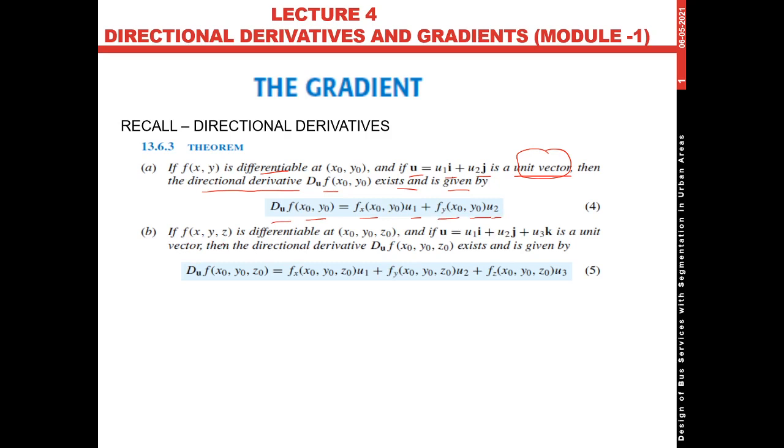If f(x, y, z) is differentiable, and u1 i plus u2 j plus u3 k is the unit vector, then Du f(x0, y0, z0) is fx u1 plus fy u2 plus fz u3.